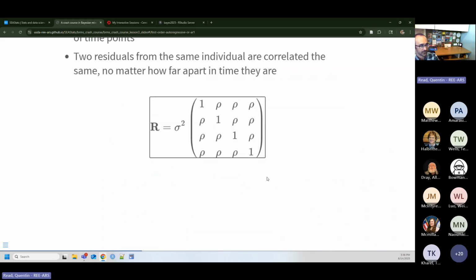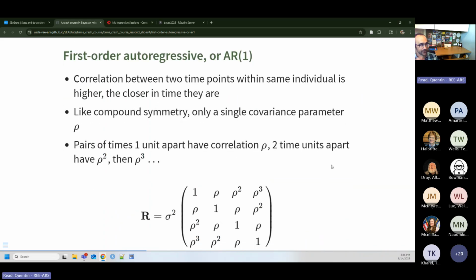One other way to do it is first-order autoregressive. This means within each individual, the correlation between 2 time points is higher the closer in time they are. You still only have to estimate 1 parameter, but every time you go apart by 1 step, you increase the power by 1.